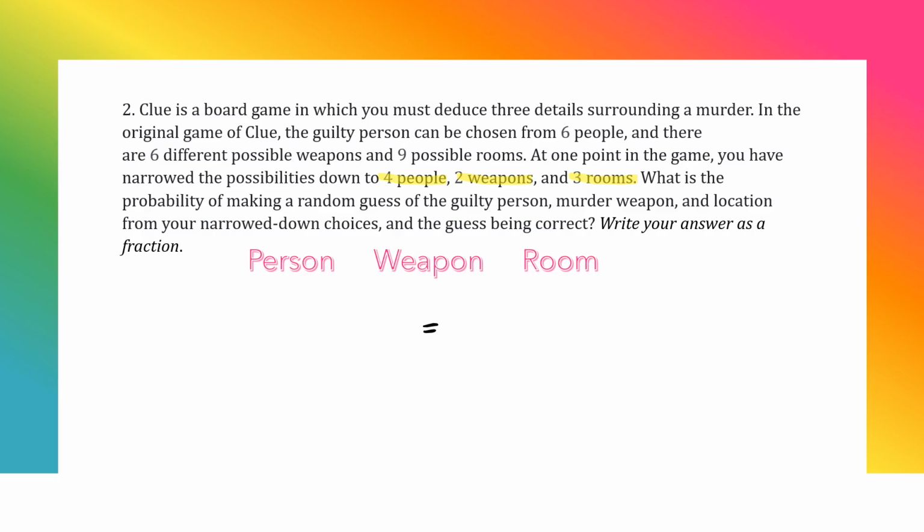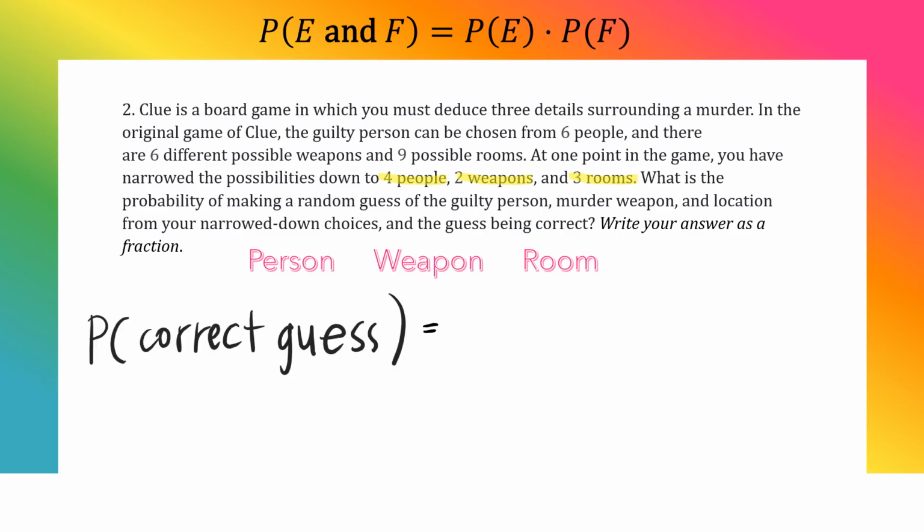Just to remind you of our probability rule for independent events, if we are looking for the probability of E and F, as long as those events are independent, then you can just multiply their individual probabilities together. We are looking at the probability that we have a correct guess, which is the same thing as the probability of choosing the correct person and the correct weapon and the correct room.